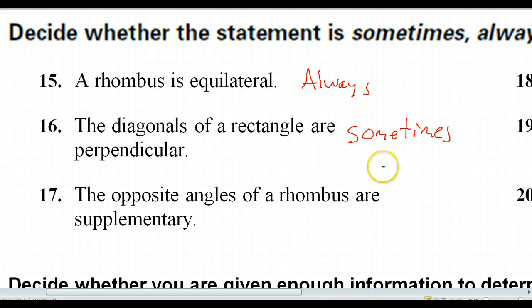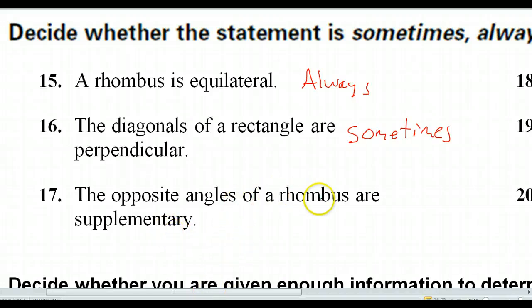What type of shape would always have diagonals perpendicular? Not a rectangle, but a rhombus. I could have said square, because a square is a rhombus, or a kite. If I had replaced the word rectangle with rhombus or square or kite, then it would have been always. But not rectangle. That's not one of the properties of a rectangle.